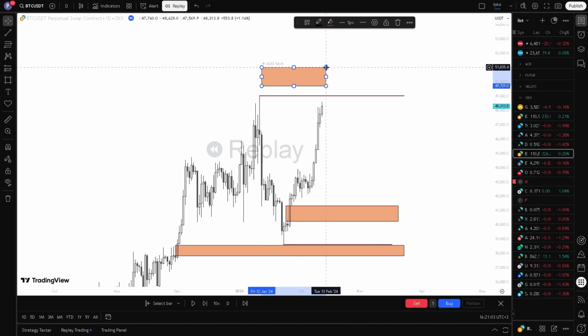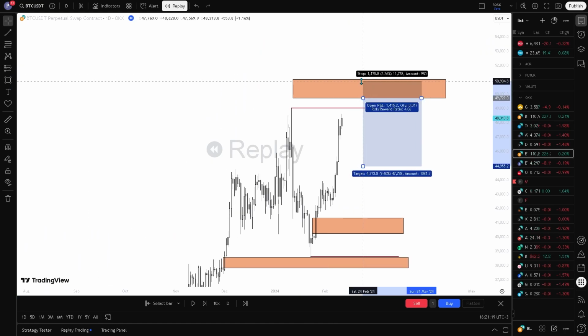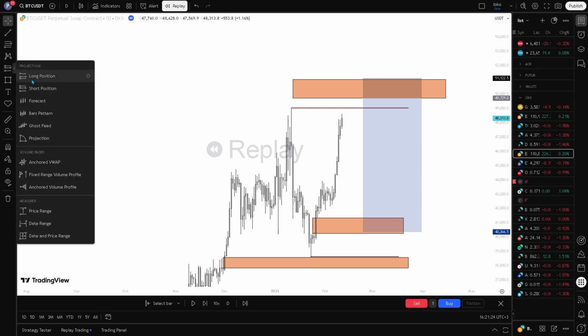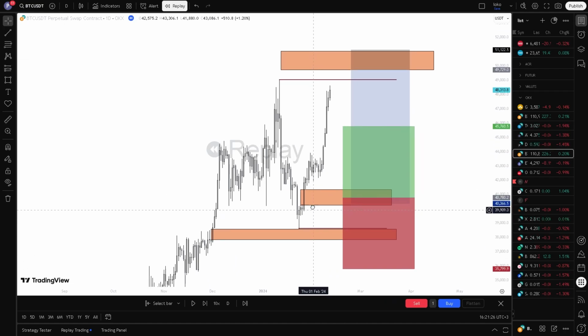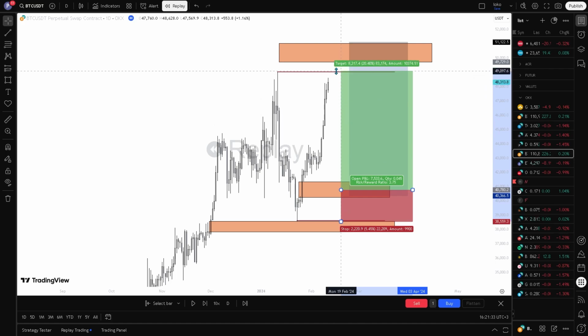We can open from here after the grab of liquidity. But it is not such a good idea, because it doesn't have any good point of entry and point of stop loss. And a good deal, I think, will be opened from this FVG with a conservative stop loss at the liquidity grab, and take profit like that.